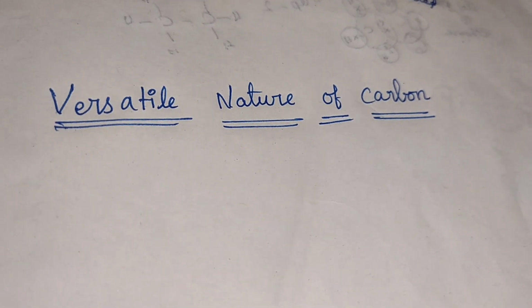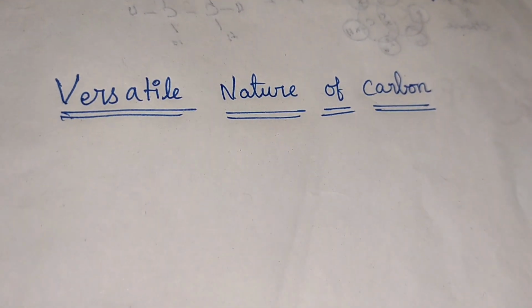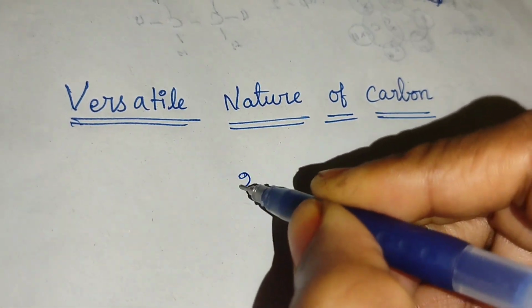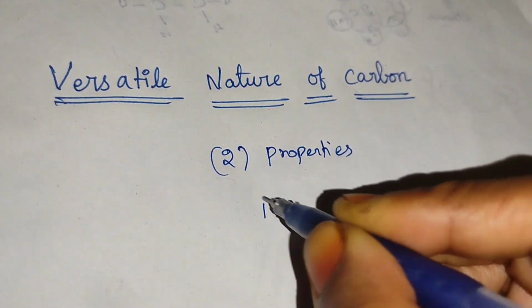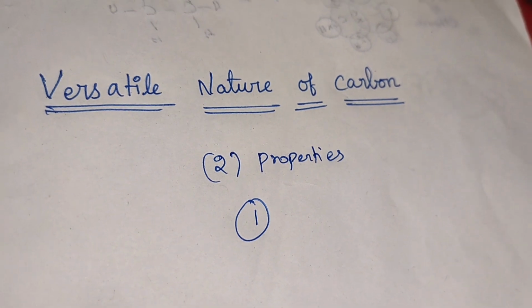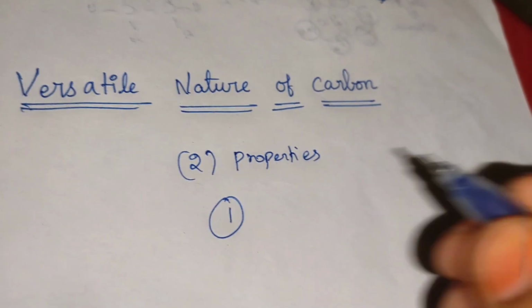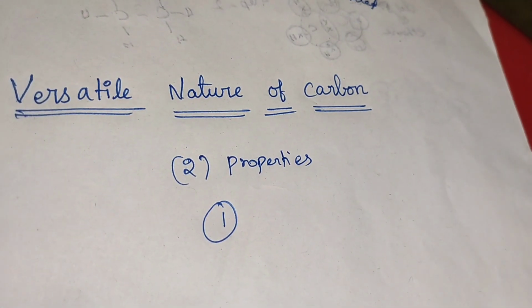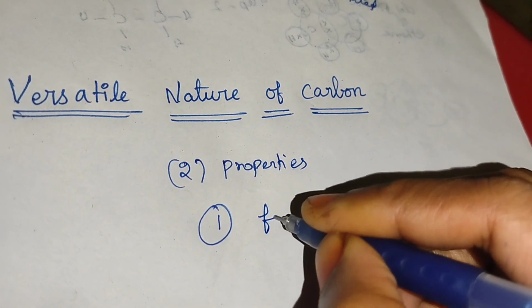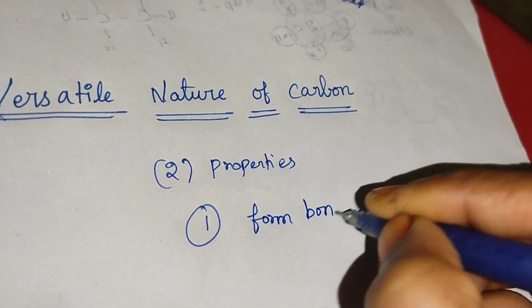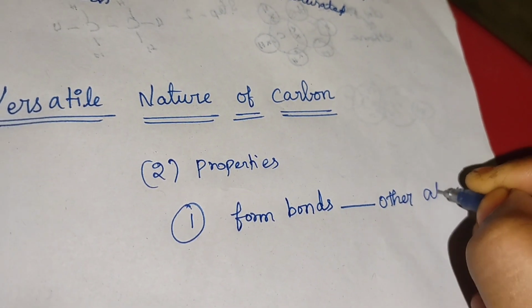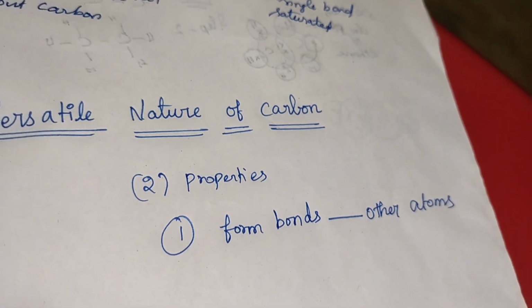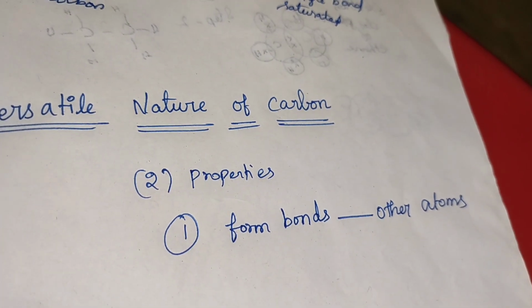And now here, versatile nature of carbon. Here we are going to see 2 properties of carbon. And the first property is carbon has a unique ability to form bonds with other atoms of carbon or any other atoms.